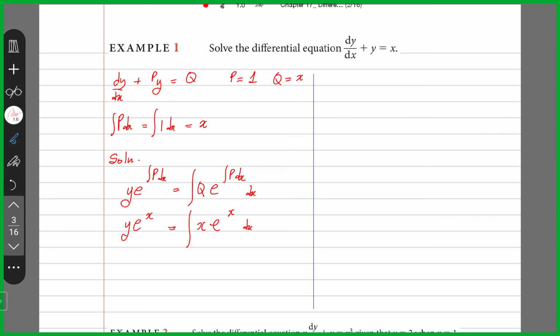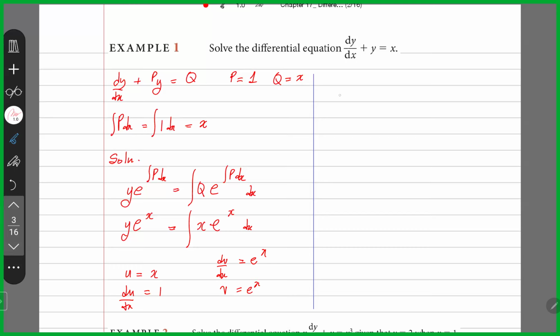Integration by parts: u is equal to x, and dv by dx is equal to e to the x. du by dx is equal to 1, and v is equal to e to the x.